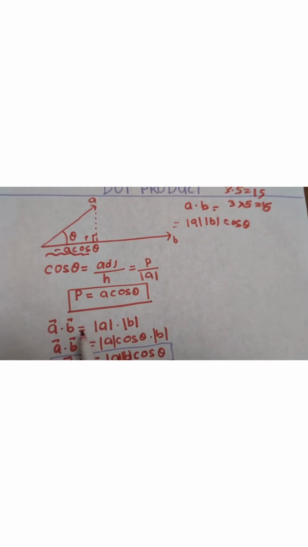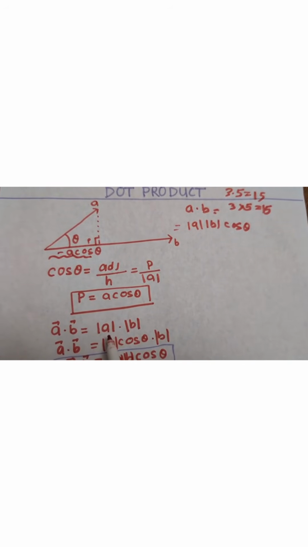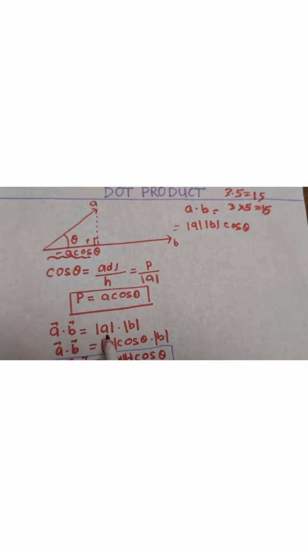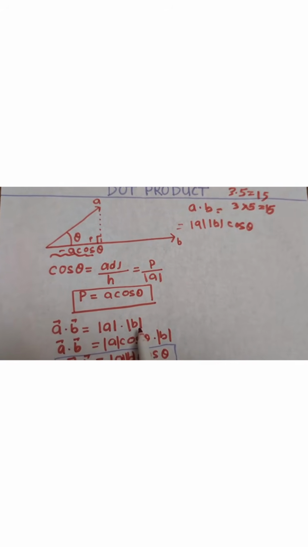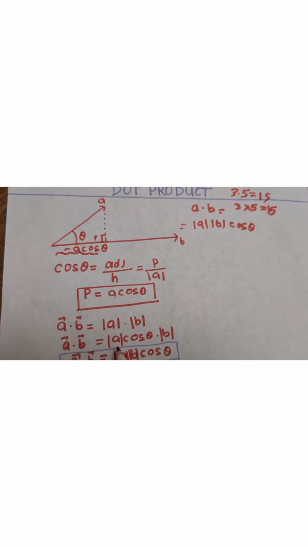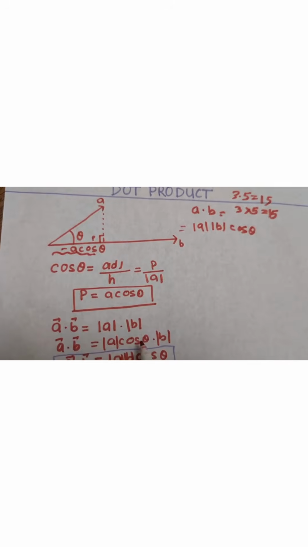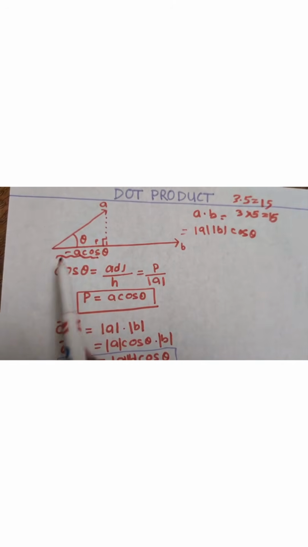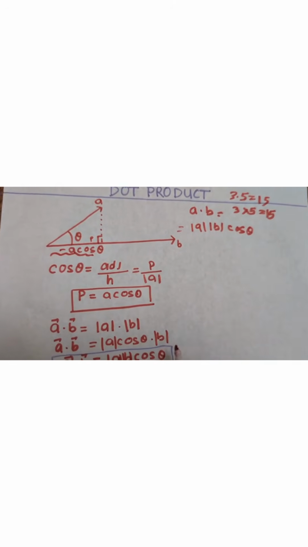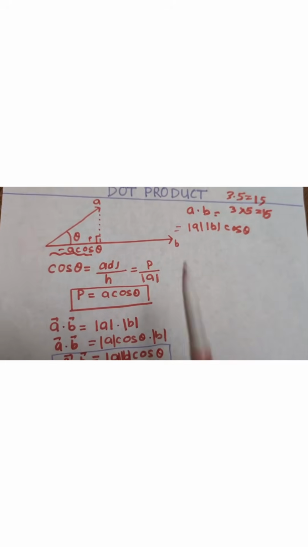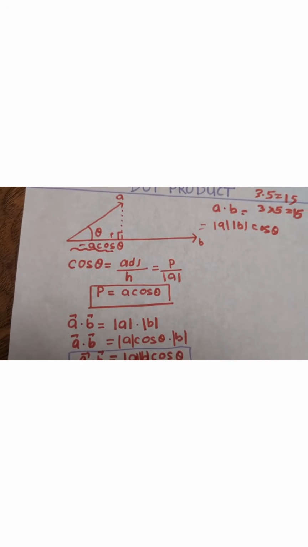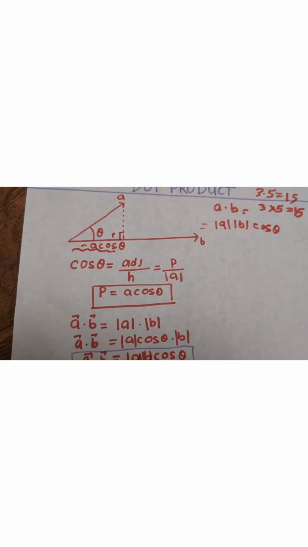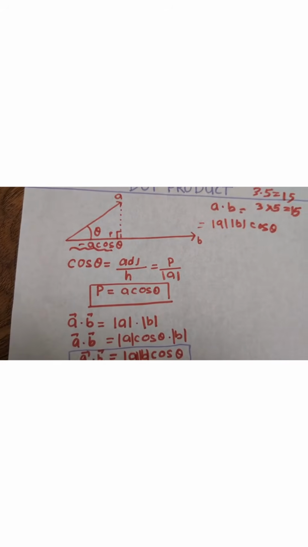Now let's find out the dot product of two vectors, A and B. If I put A dot B, that is the magnitude of A dot product with the magnitude of B, it simply means the length of A cosine theta, that is the projection of A on vector B, times the magnitude of B. Because this is a length, it is just a number like 5 centimeters, 3 centimeters, or 10 centimeters.